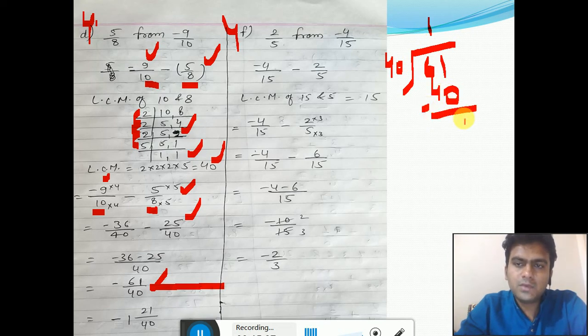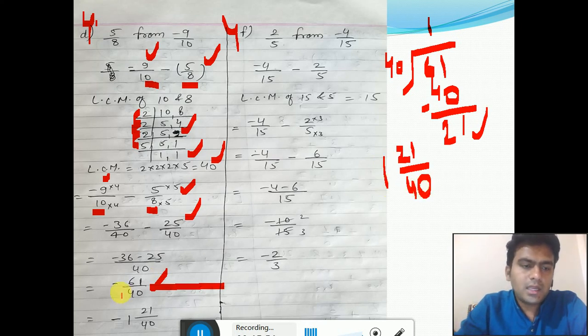Now 1 and 2 left, so the remainder is 21. The remainder we write at the top as the numerator. 40 was the divisor, so now also it is the divisor, 1 in the beginning, and the sign is minus, so we put the minus sign here. Like this you can solve this 4F question.